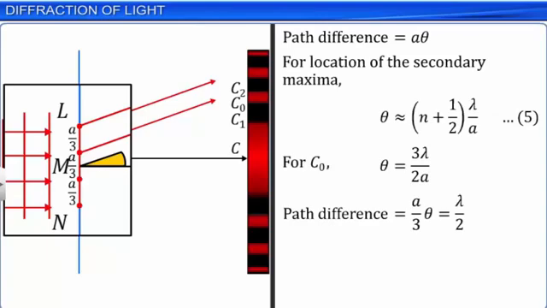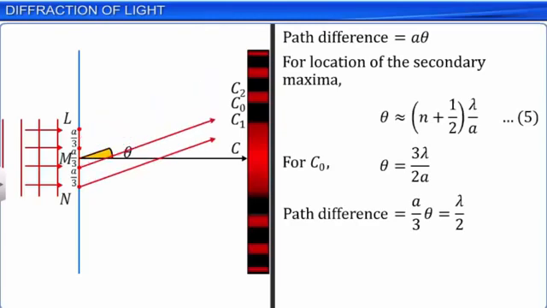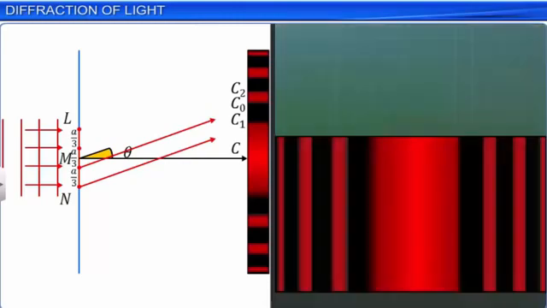In the same way, all the waves from the first part can interfere destructively with corresponding waves from the second part of the slit. Only the remaining 1/3 of the slit contributes to the intensity at C0. Therefore, the intensity of the secondary maxima is much weaker than the intensities of the central maxima.